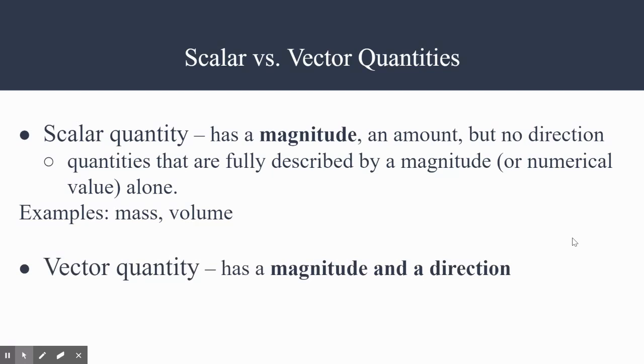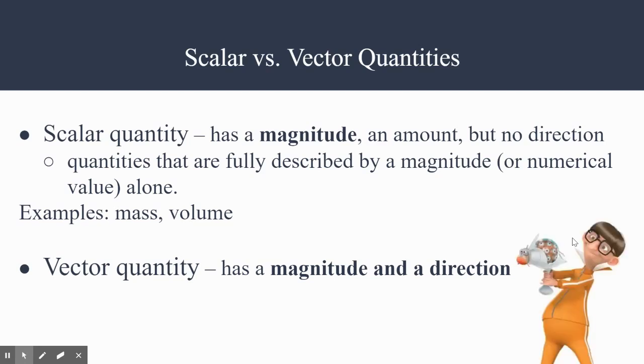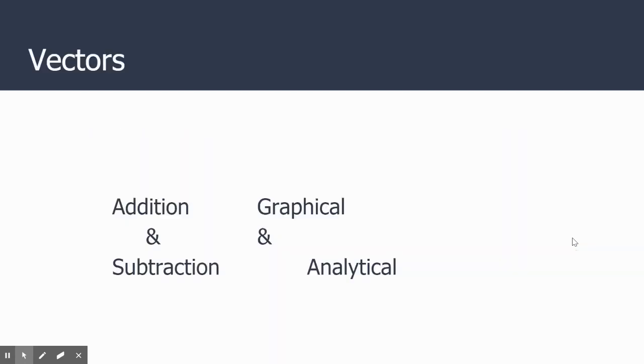The next is a vector quantity. Now these can get a little tricky, but the basic definition is it's a quantity that has a magnitude and a direction. So not only does it have some value assigned to it, it's also got a direction. And if you've seen Despicable Me, there's a little nod to that vector. Vectors often go in many different directions and can be used in combination with one another.